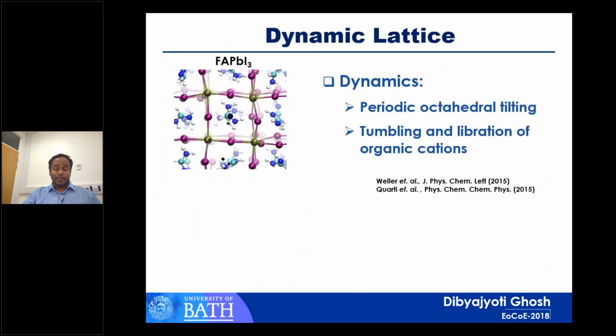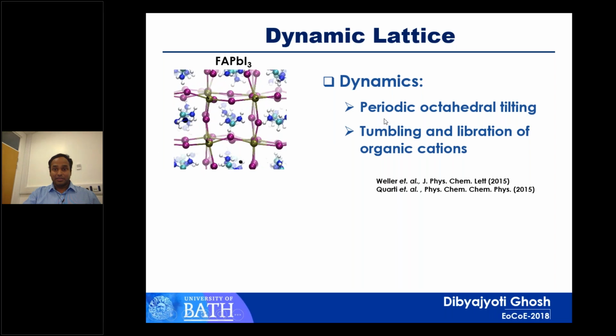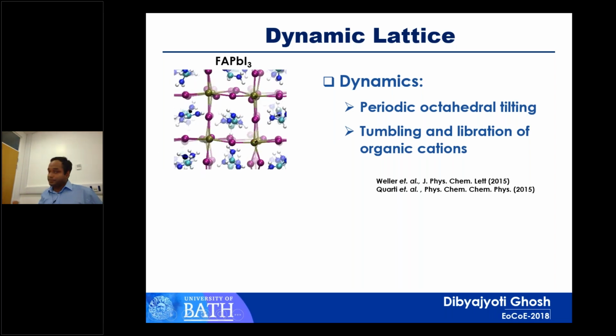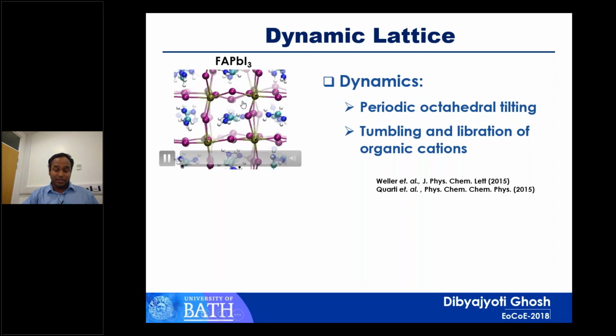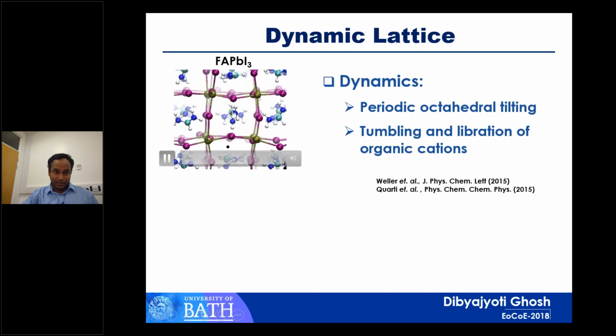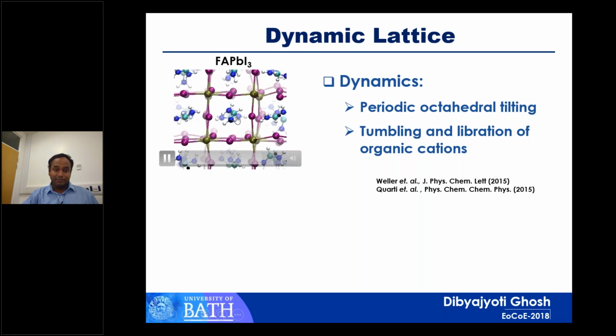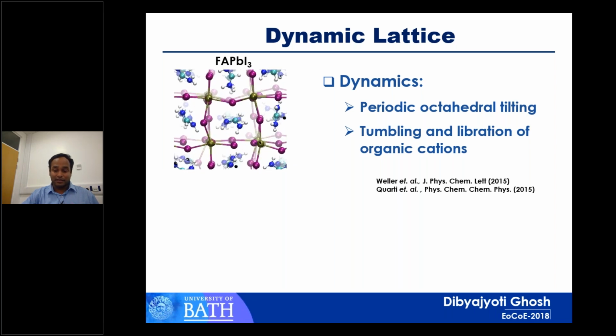Also, very intrinsically, it has another interesting property: its lattice is very dynamic in nature. If we do a molecular dynamics simulation, we find that the octahedra tilt periodically, and inside them the organic cation tumbles and librates, so as a whole it's a dynamical lattice.